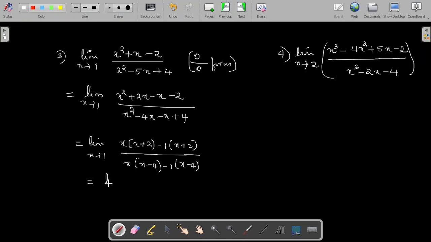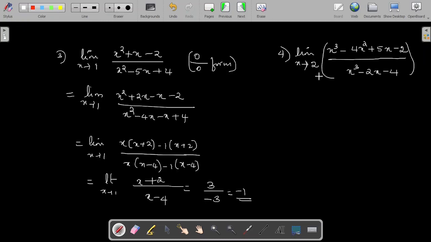So this gives you limit x tends to 1, x plus 2 into x minus 1 in the numerator as well as denominator, x minus 1 is common here. I will cancel out. The remaining is x plus 2 divided by x minus 4. So apply the limit. 2 plus 1, 3 divided by 1 minus 4, minus 3, which is equal to minus 1.